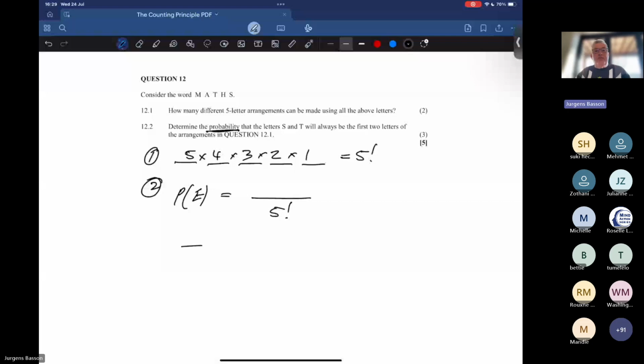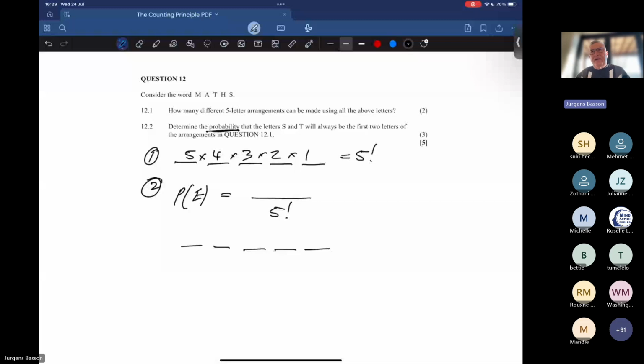the first 2 positions. So what this question is about, this S and T is a group also fixed in positions 1 and 2. So this is the only question that I could find in old papers where positions and grouping is together in the same question.